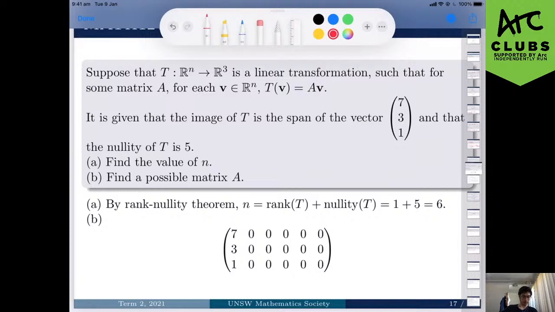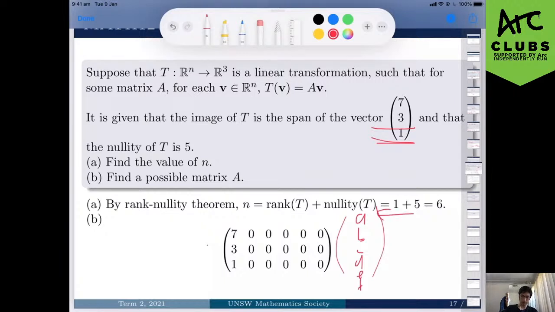We'll check that the image is the span of (7, 3, 1). If we put any vector in, any vector (a, b, c, d, e, f), this will give us a multiple of (7, 3, 1) because it would just be (7, 3, 1) times a. And which vectors will give us 0?